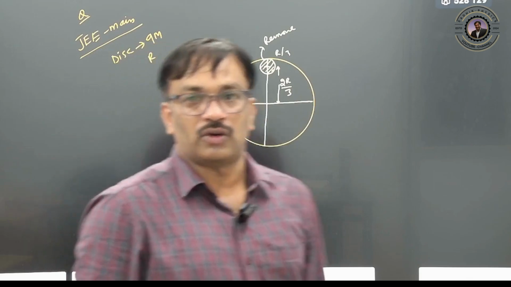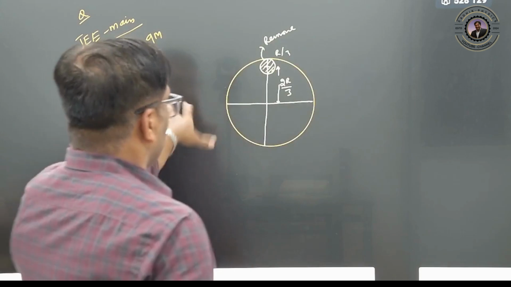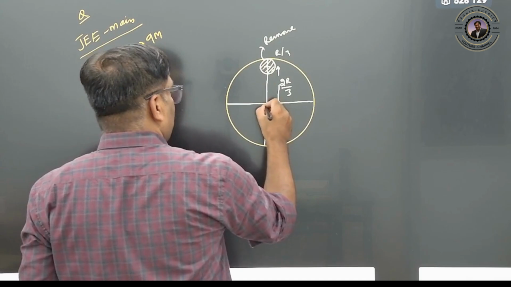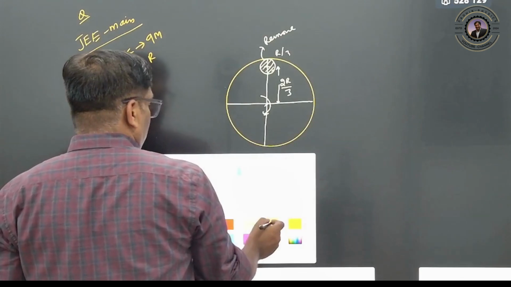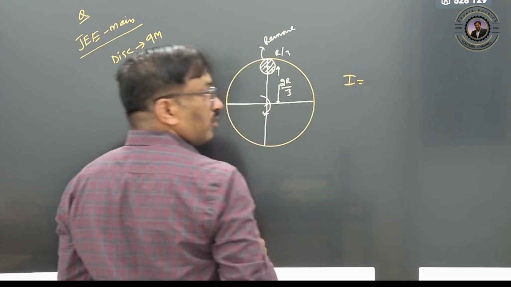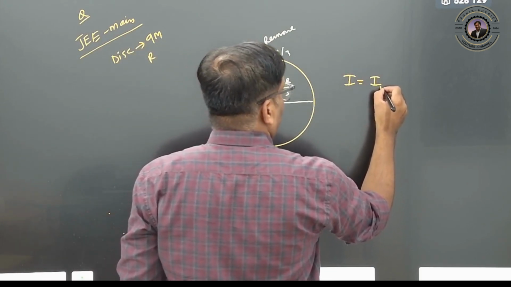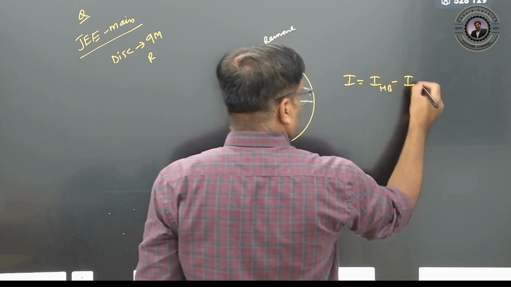Clear? So if we are cutting this part, how do we calculate the moment of inertia at this point? A very simple formula I will tell you. The moment of inertia will be equal to the moment of inertia of the whole body minus the moment of inertia of the removed part.